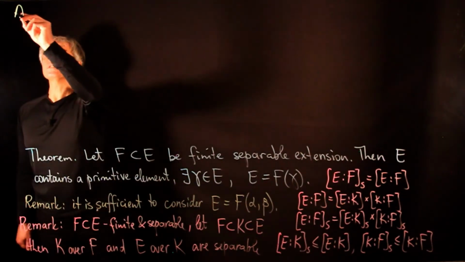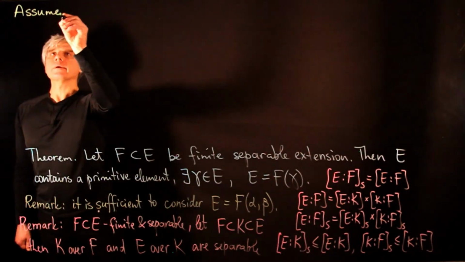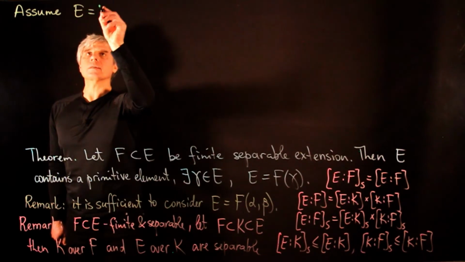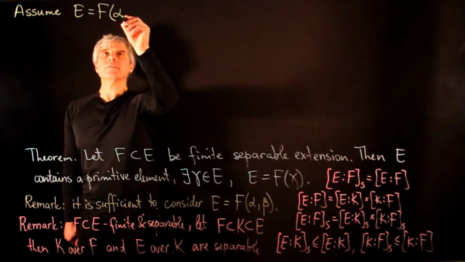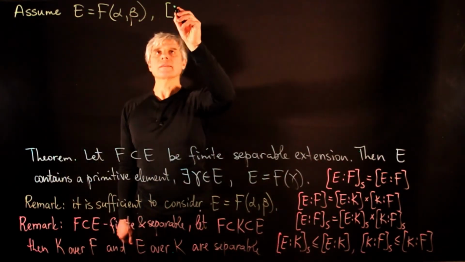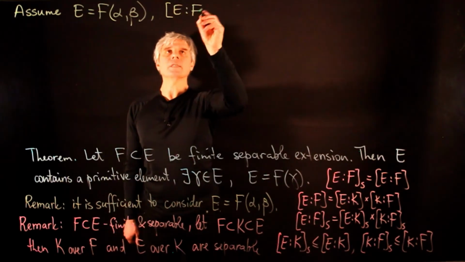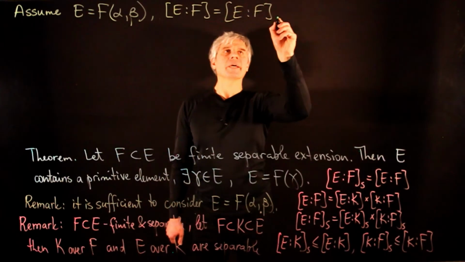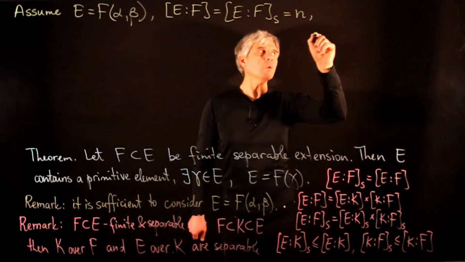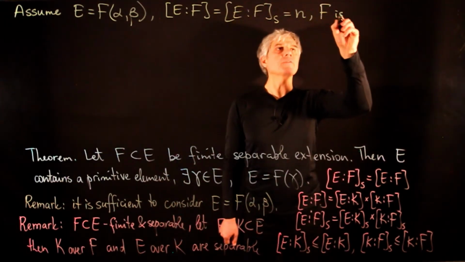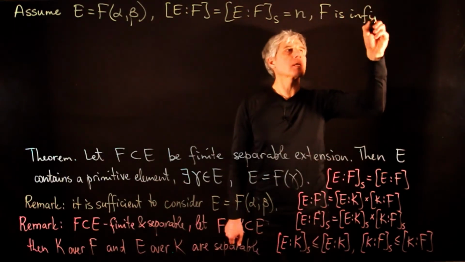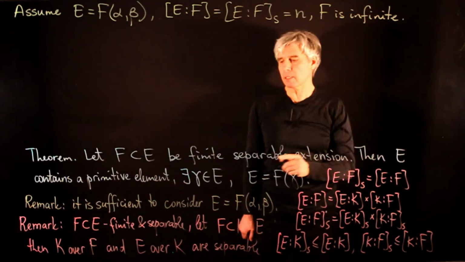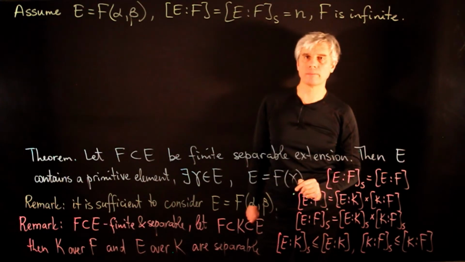So now we assume that E is generated by elements alpha and beta, and that the degree of E over F is equal to n. And we'll also assume that F is infinite, because for finite fields, we already know that this result holds.